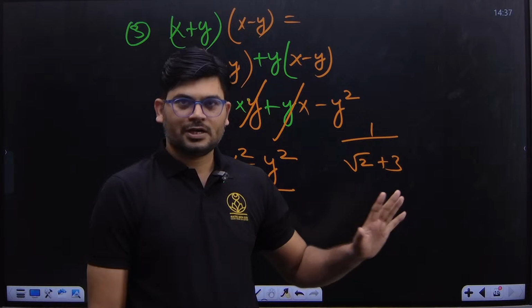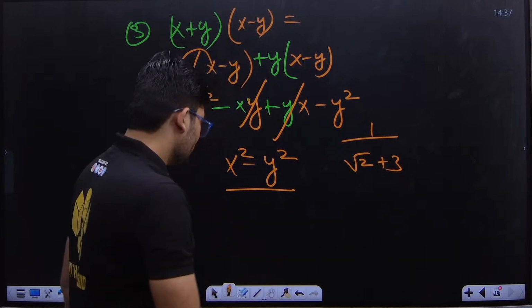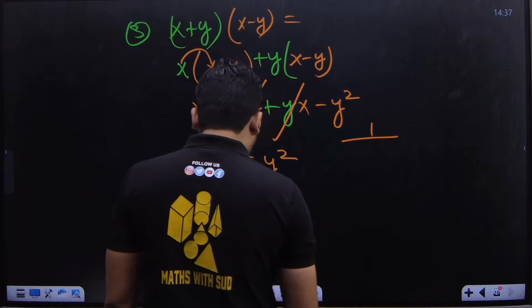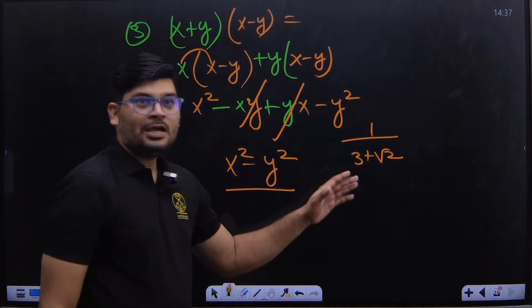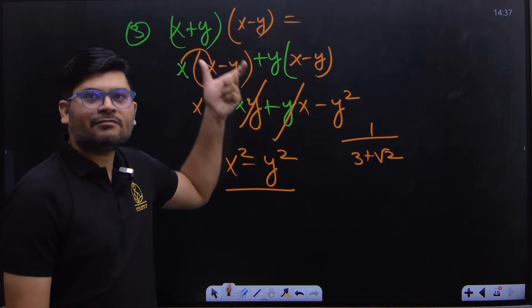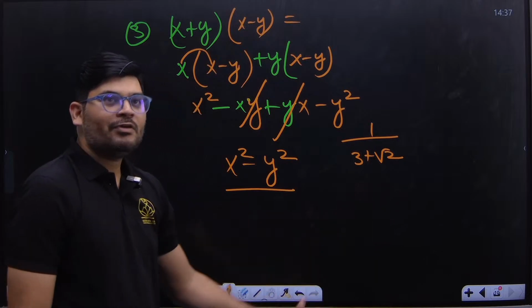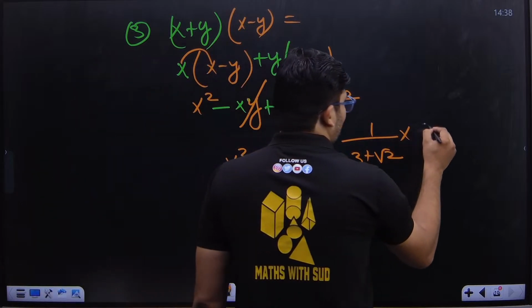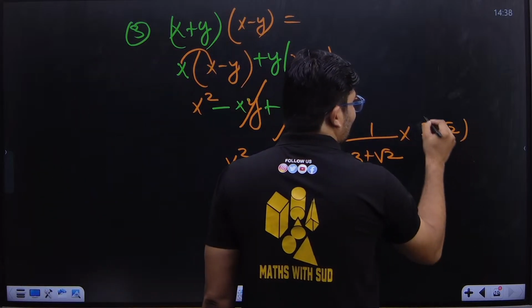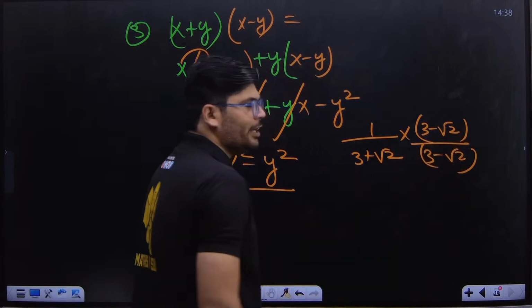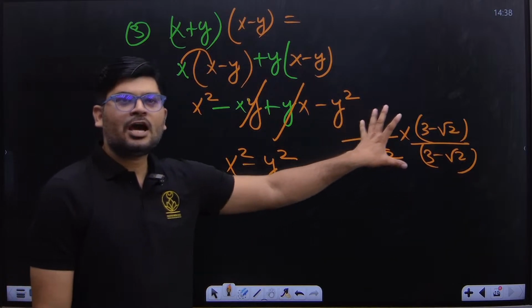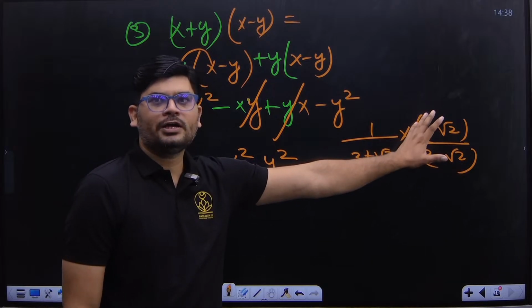So what we have to do is multiply this by its conjugate. Conjugate means if this is x plus y, we will multiply this by x minus y, and we have to do it in both the numerator and the denominator, because we are not changing its value, it remains 1 only.